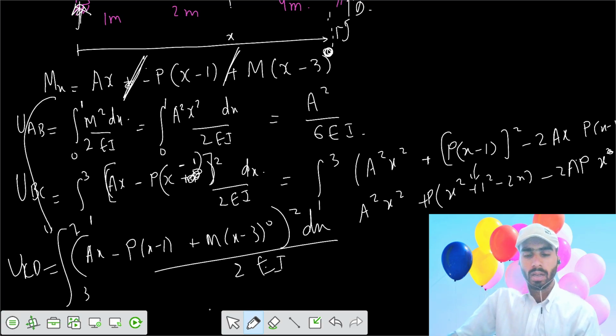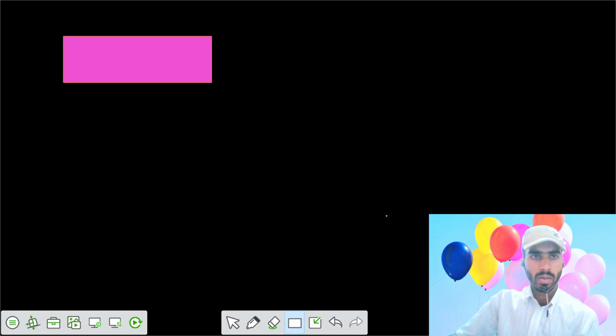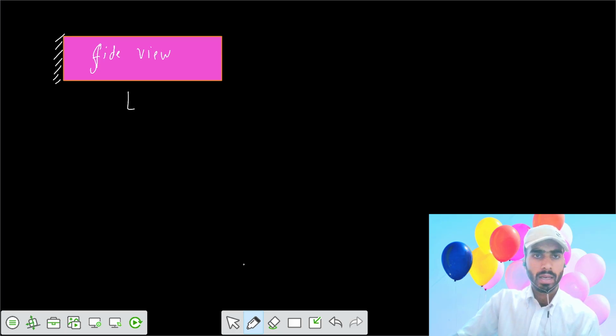Say now we have a beautiful problem where you have a beam. This is your front view, this is your side view. Say this is length L and this is the depth D. But if you see it from the top, it looks like this.